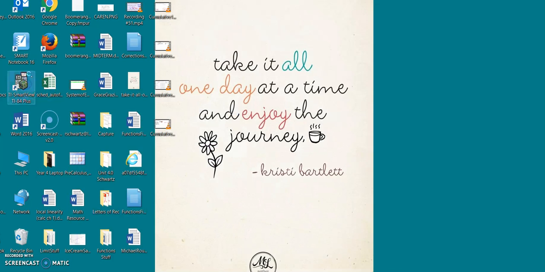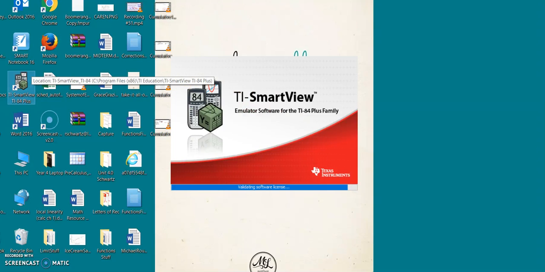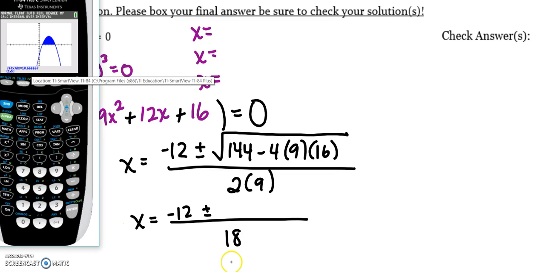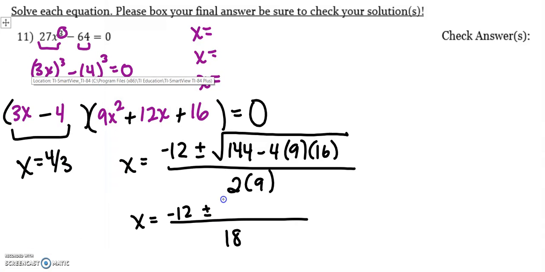Where's my calculator? So I know, though, this is going to be negative 12 plus or minus. This is going to be 18 on the bottom. Here's my calculator, handy dandy. We are looking for 144 minus 4 times 9 times 16. Survey says negative 432.